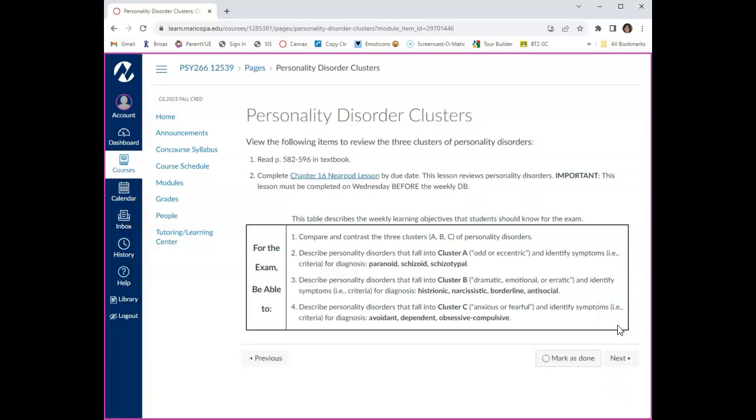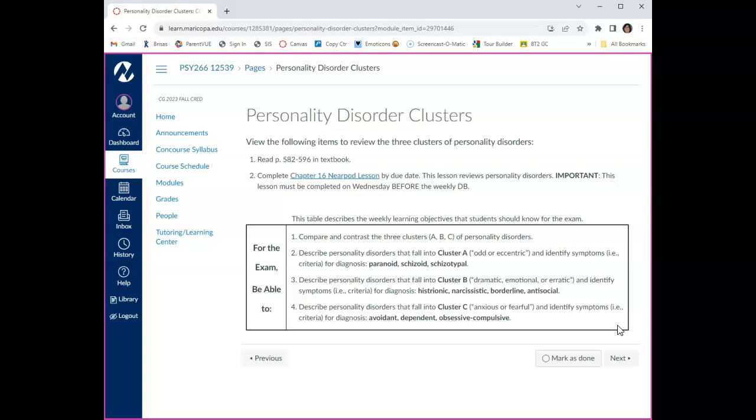The second section is personality disorder clusters. These disorders are organized into 3 clusters or groups due to the wide range of presenting symptoms for individuals diagnosed with a personality disorder. Unlike other psychological disorders where there is significant distress or impairment, individuals with personality disorders are considered to have a functional impairment.